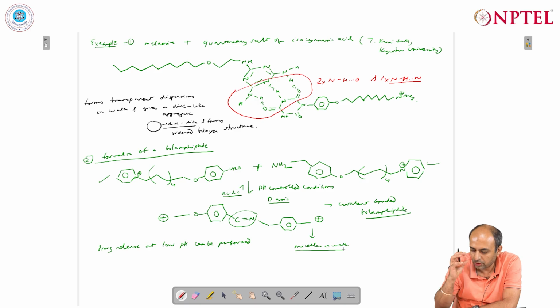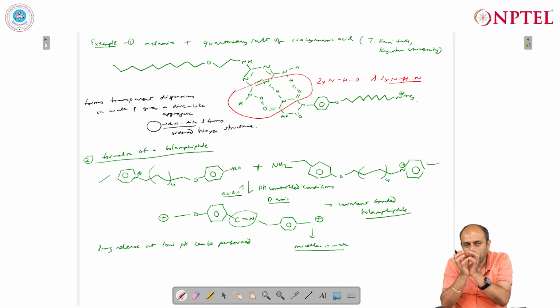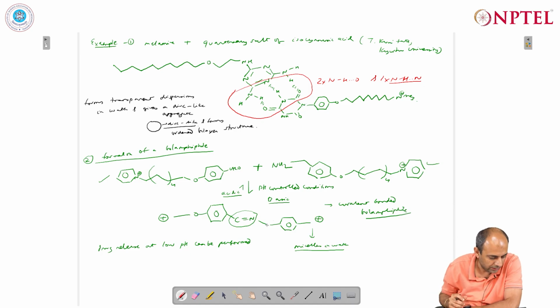So, the hydrophobic portions interact with the micelles, and then the drug is being transported, and wherever the conditions are low pH, that means acidic condition, it breaks this particular CN bond and the drug can be released. So, you have the micelle and then you have the drug impregnated, the CN bond breaks, the micelles are disrupted and the drug can be released at the site of action. So, depending upon the pH, we can control the CN bond formation, and that can be utilized in drug delivery processes.